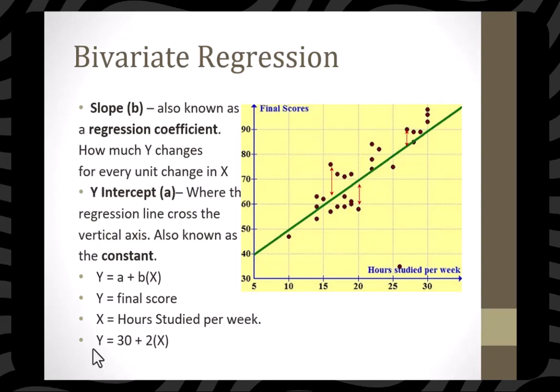So we get a formula here that is y equals 30 plus 2 times x. And so we can start to predict what people's scores would be if they studied for, say, 3 hours. Because we can say y equals 30 plus 2 times 3, again, 3 being hours studied, and we get a value of 36.